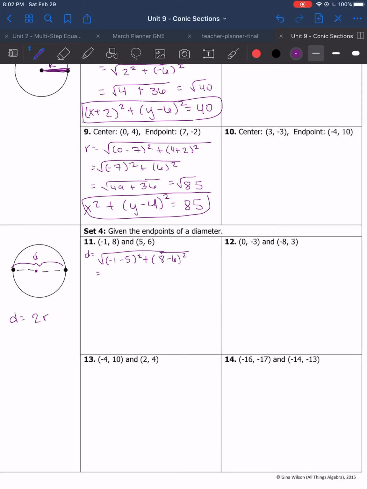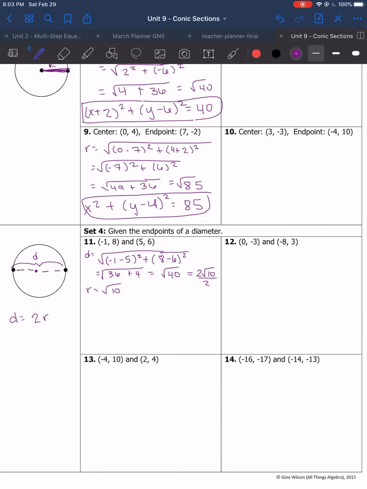So I'm going to be left with 36 plus 4, which is the square root of 40, which I can't just leave this time. I actually do need to simplify it, and it simplifies into 2 square roots of 10, because 40 breaks into 4 and 10. And if I want to find the radius, because that's my diameter, I'm going to divide it by 2. So I'm going to get r equals the square root of 10.